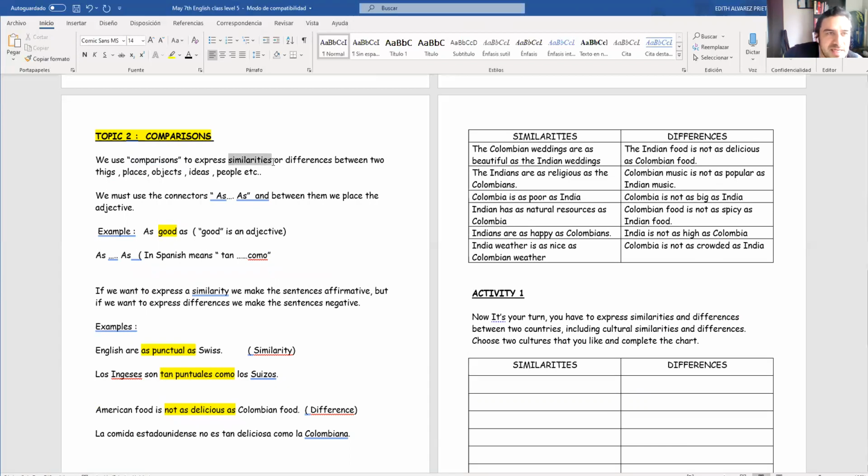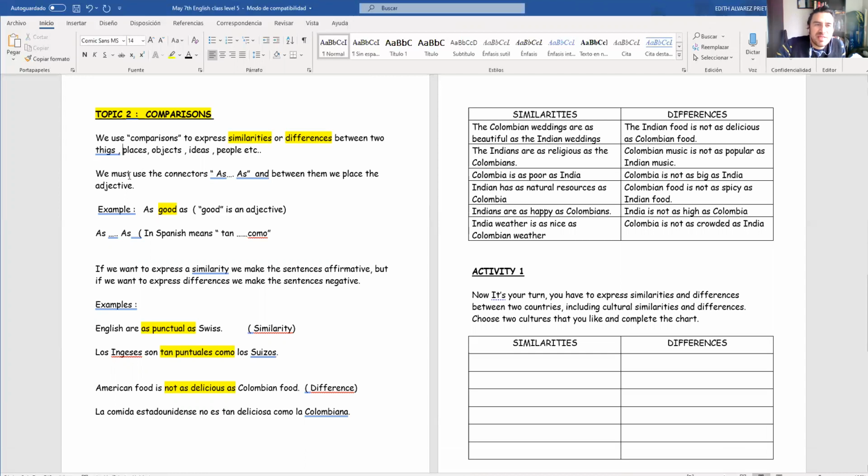Vamos a usarlo para expresar similarities, similitudes, or differences, o diferencias entre, between, two things, dos cosas, two places, lugares, objects, objetos, ideas, people, etc.